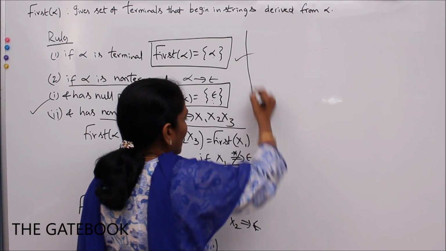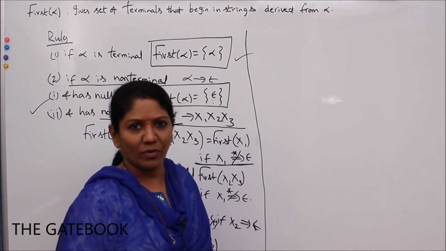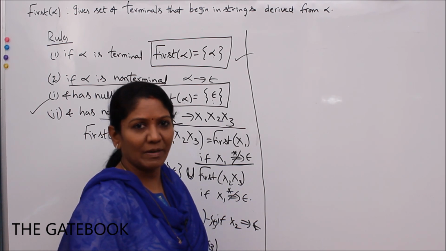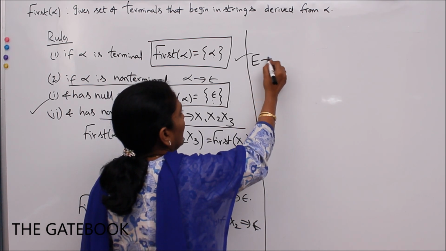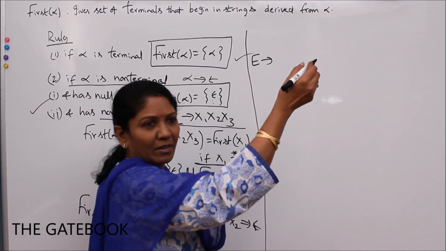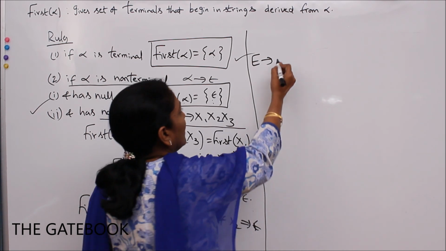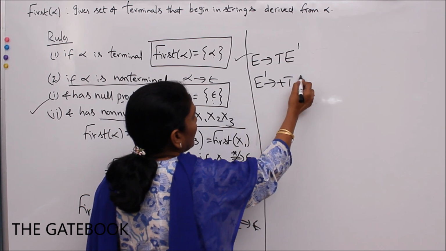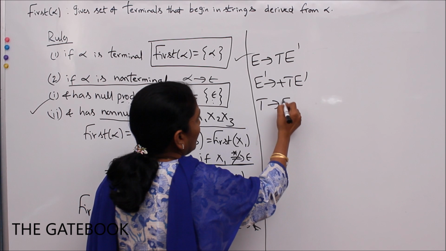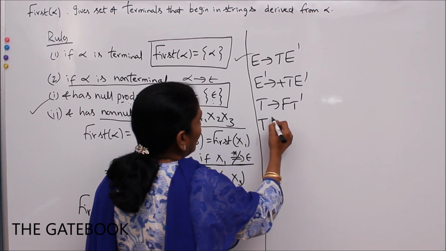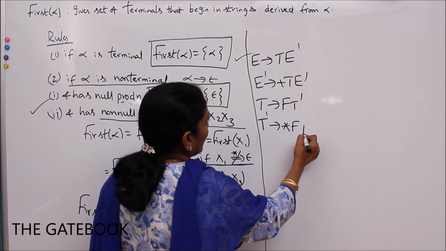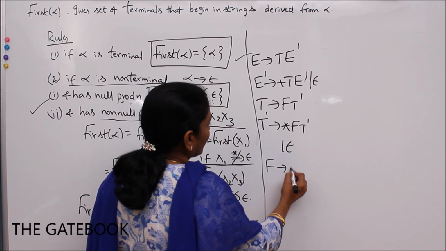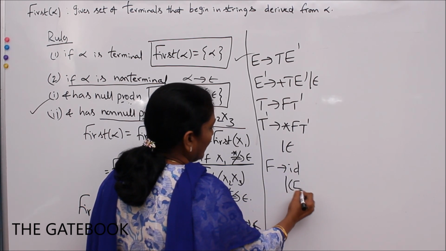Let me take the example of the grammar which we have used so far, the unambiguous expression grammar that defines all arithmetic expressions with plus and star. I'll take directly the grammar which is free of left recursion. E goes to TE dash, E dash goes to plus TE dash or epsilon, T goes to FT dash, T dash goes to star FT dash or epsilon, F goes to ID or left parenthesis E right parenthesis.